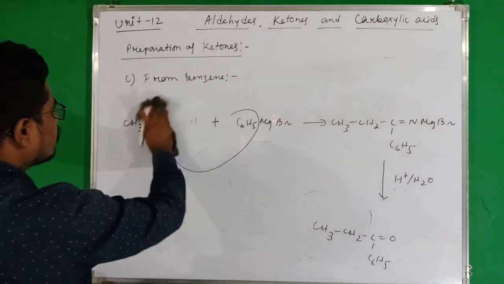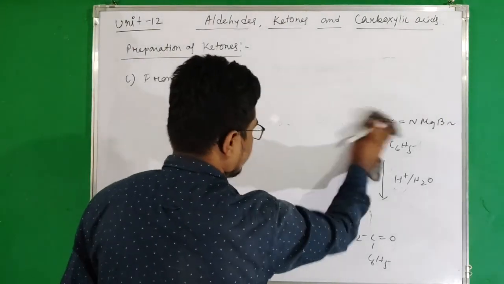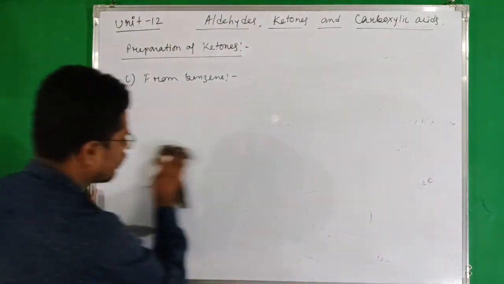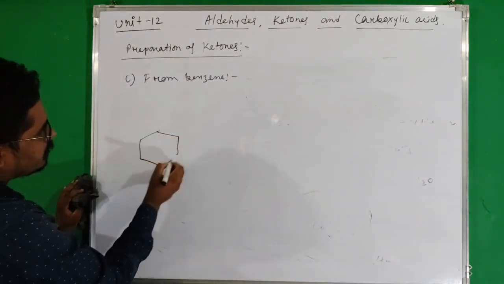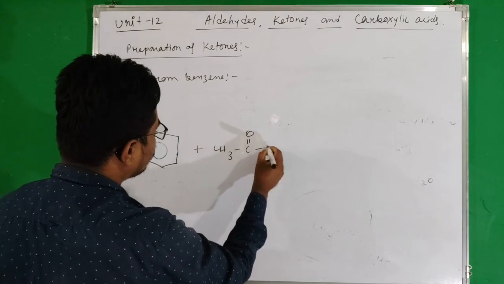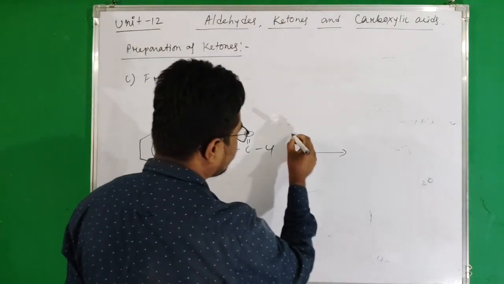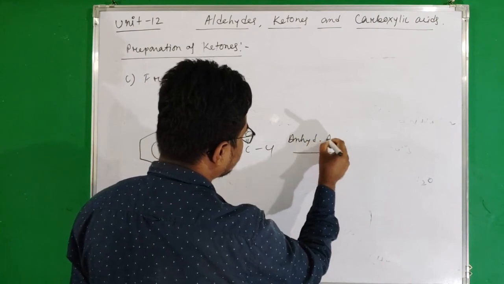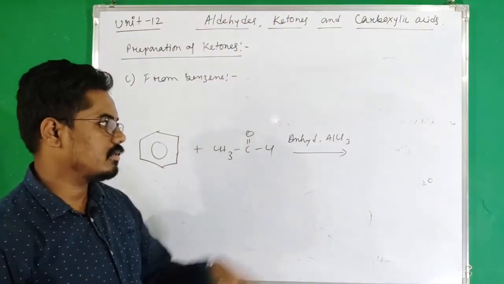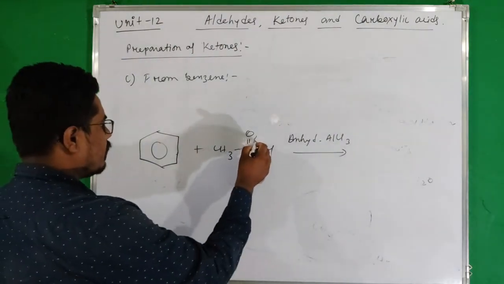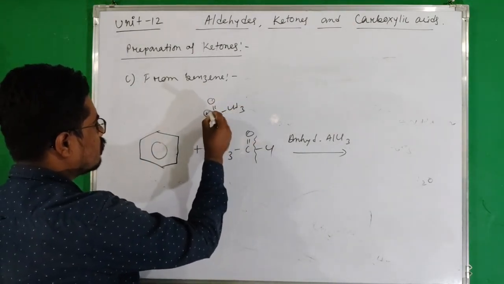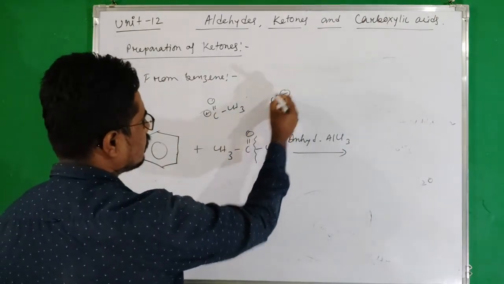This is a common reaction you have already studied, and the name of the reaction is Friedel-Crafts acylation. So when benzene reacts with acyl chloride CH3COCl in presence of anhydrous AlCl3, which is the reagent used in Friedel-Crafts reactions, then the bond will break here, resulting in CH3CO positive and Cl negative.